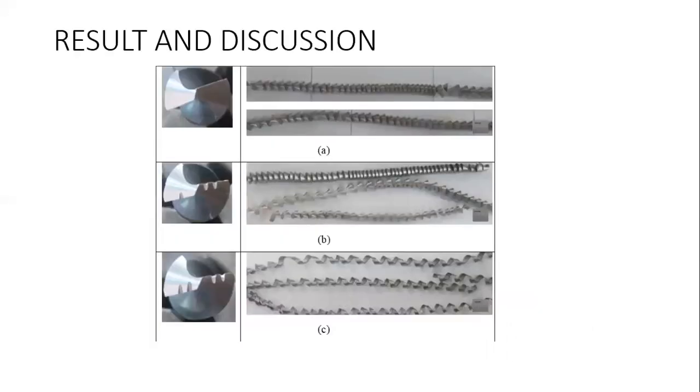Then the results and discussion. The chip form of the drilled material was examined using three variations of splitting nick. In figure A, the chip shape from the first drill, without splitting nick, is a long angular thick helical chip.